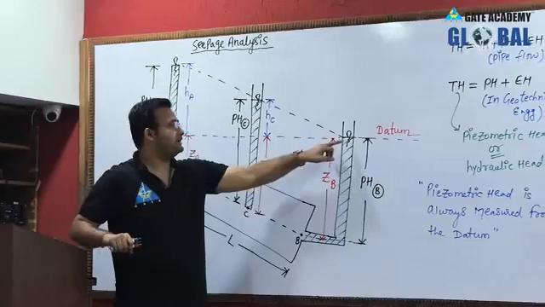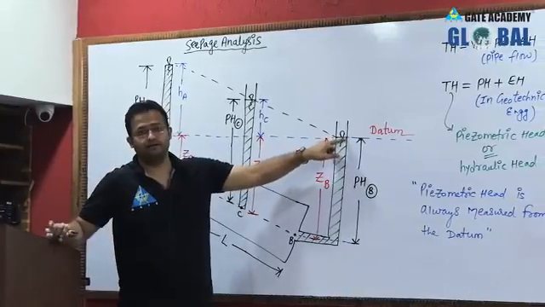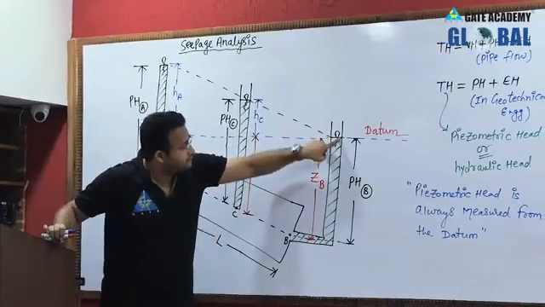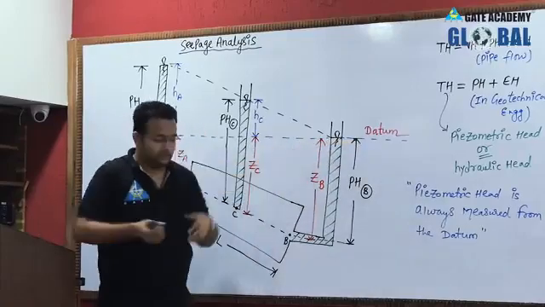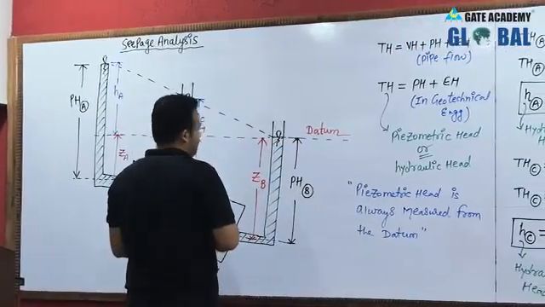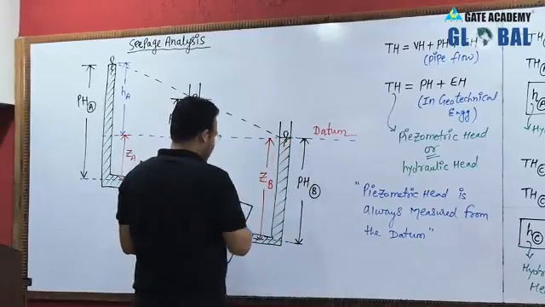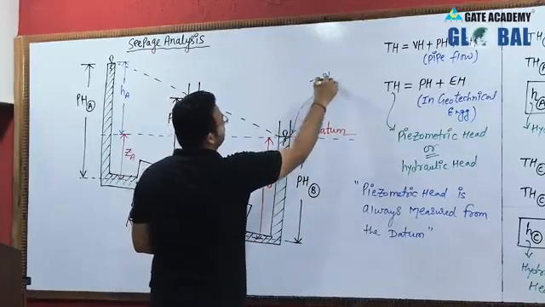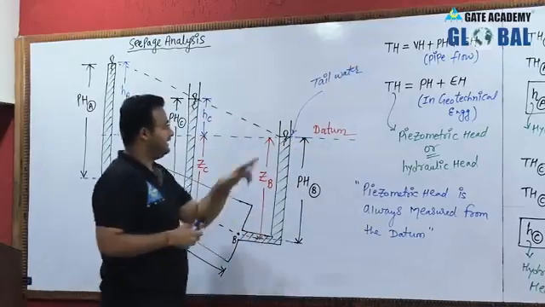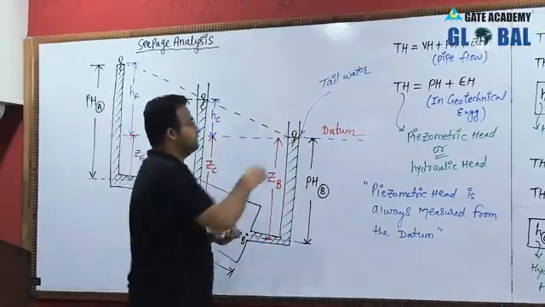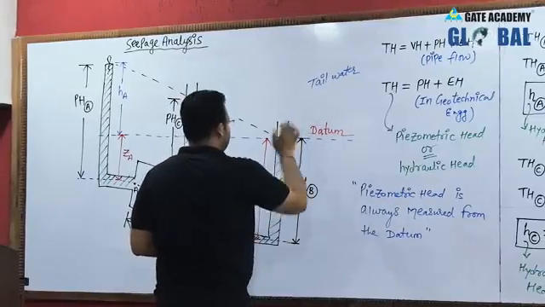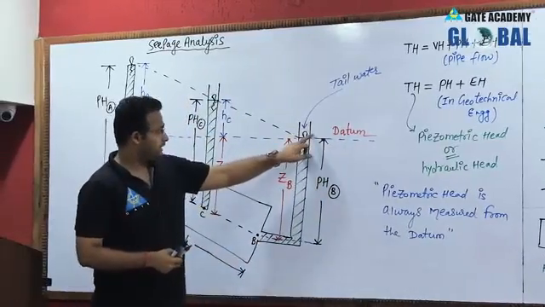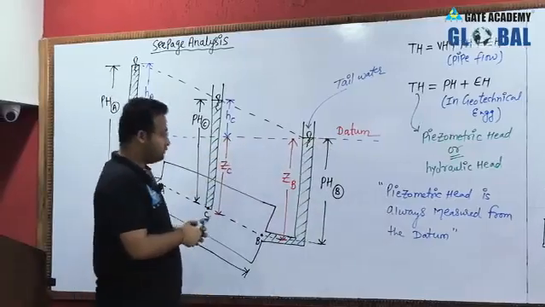I am not saying the water has zero energy here. With respect to what does water have zero energy? With respect to this datum line, or this tail water. This is actually called tail water. So at the tail water level we should consider a datum line.